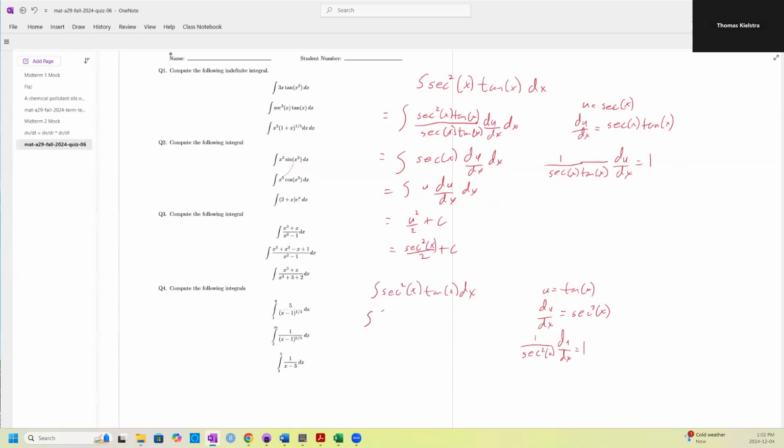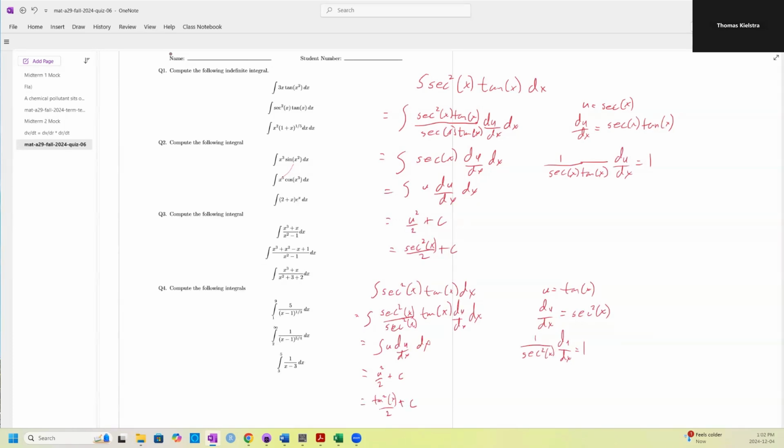Introducing this in, we get secant squared x over secant squared x tan x du by dx dx, which equals the integral of u du by dx dx, which equals u squared over 2 plus c, which equals tan squared x over 2 plus c.